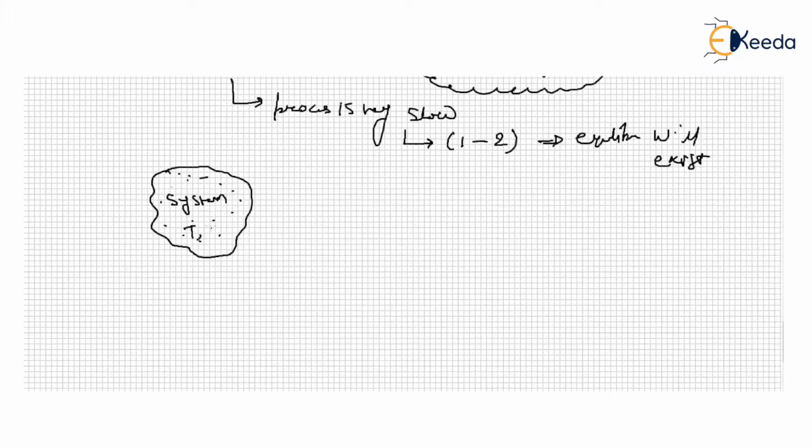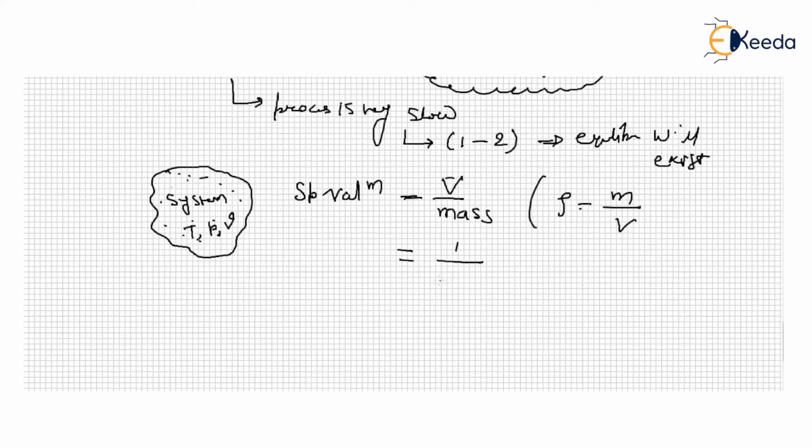See, what is a specific volume? Specific volume means volume per unit mass. And we know that density is equal to mass by volume, right? If we write it the other way, it is volume by mass, that is 1 by density. So specific volume is 1 by density.